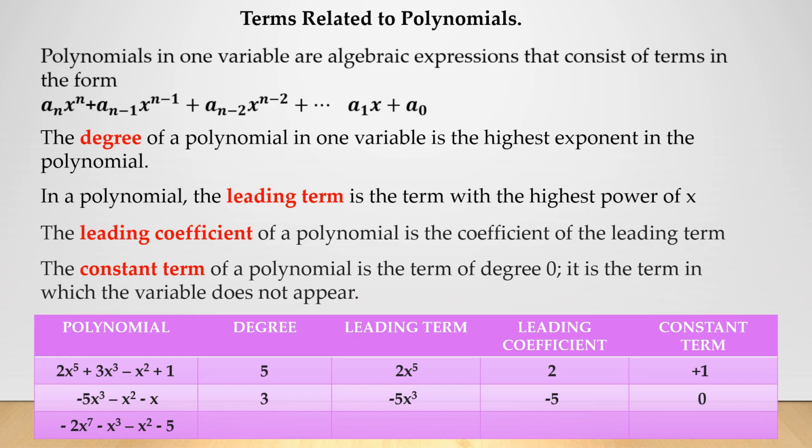So we arrange the polynomial in descending power of x. Now we can identify the degree, which is 7. The leading term is the term that has the highest exponent, which is negative 2x raised to 7, the leading coefficient is negative 2, and the constant term is negative 5.